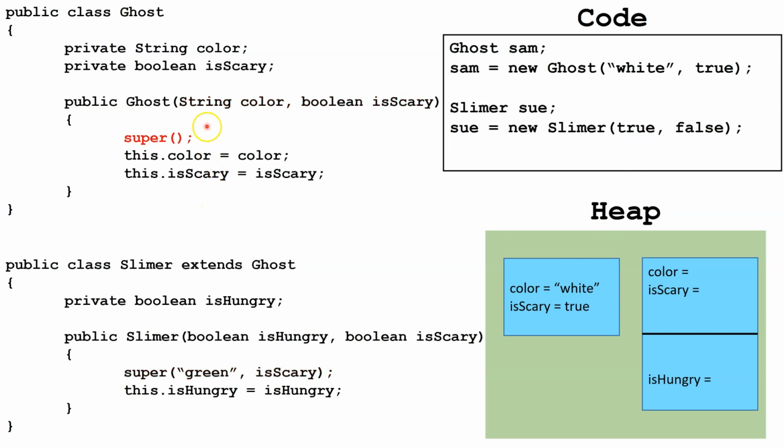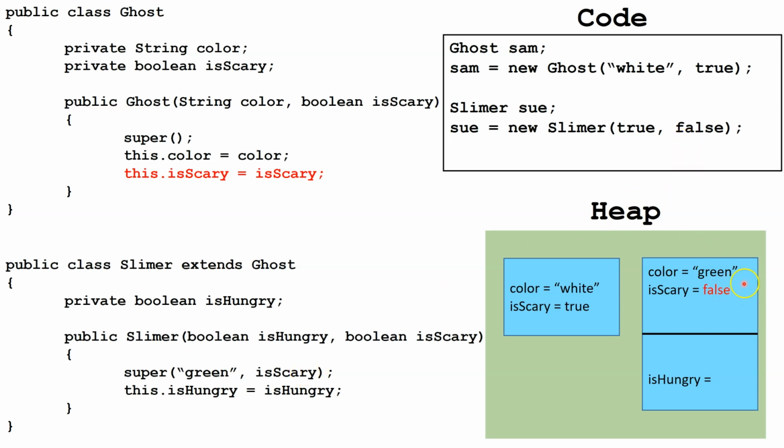When we get up to the superclass's constructor, the first thing we do is call the constructor in the Java Object class. Then we set the field color to the parameter color, which was passed up as green. Next, we set the field isScary to the value of the parameter isScary, which was passed up from the subclass, and that value was false.